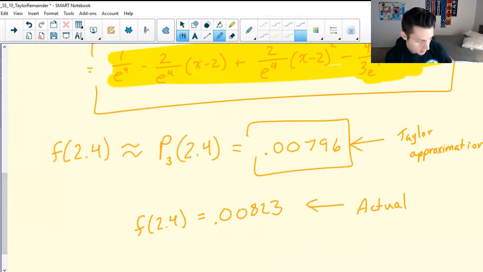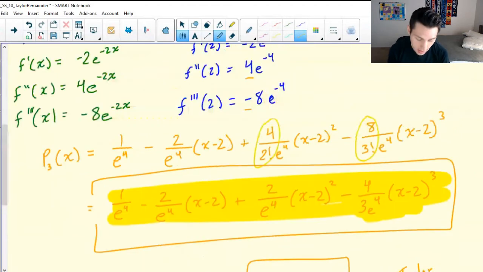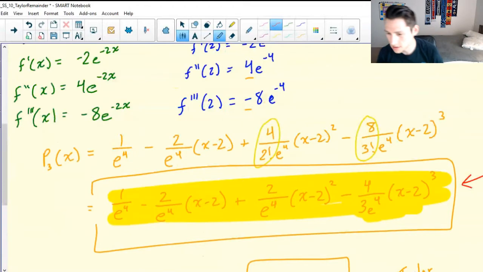See, the good thing about a Taylor polynomial is that it's a polynomial, right? It's just terms of powers of x, x plus x squared plus x cubed plus x fourth with various coefficients. And polynomials are easy to work with. They're really easy to take derivatives of because we can just do the power rule.